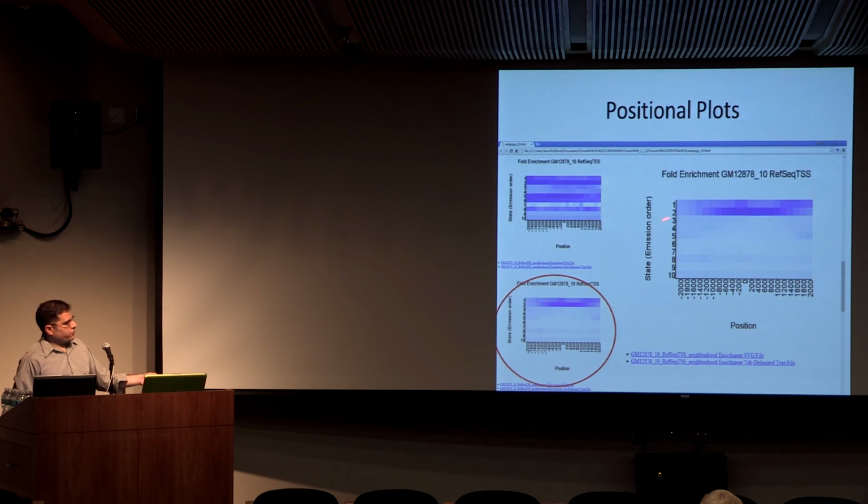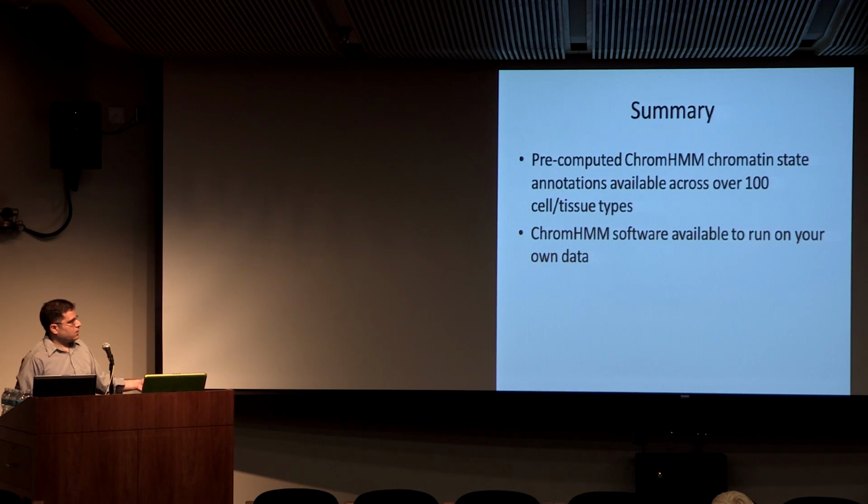You can also get positional plots showing how states enrich relative to certain features, such as the start of genes. So to summarize this part, we have ChromHMM pre-computed across annotations across more than 100 cell and tissue types, and the software is available if you're interested in running it on your own data.